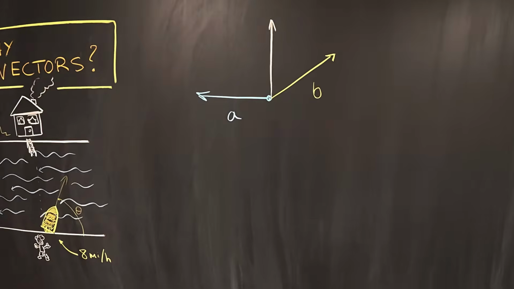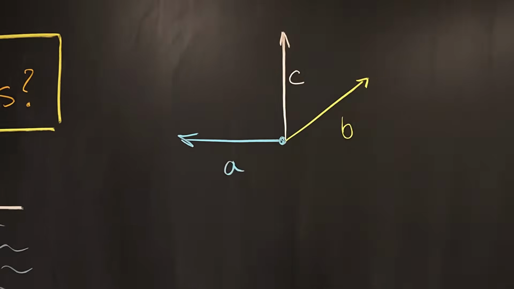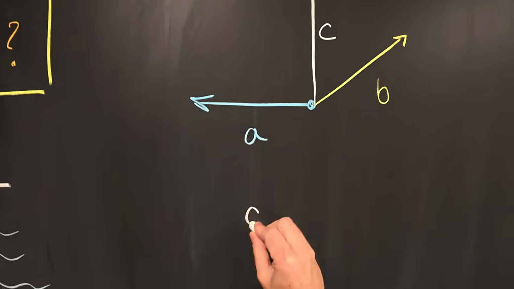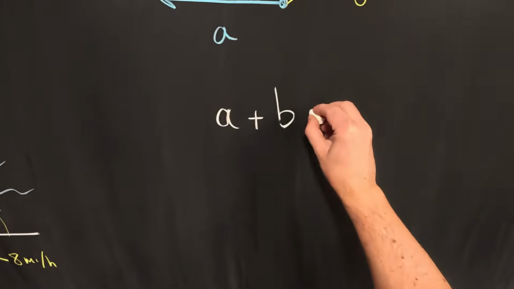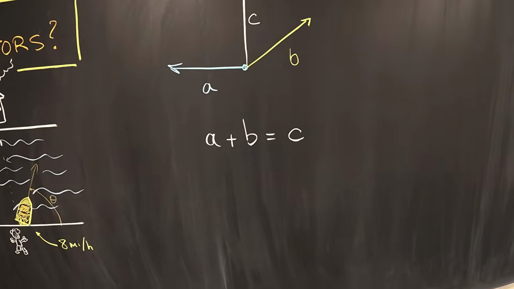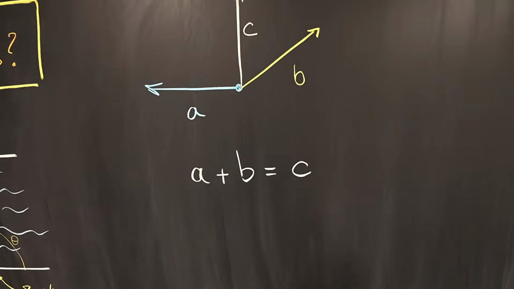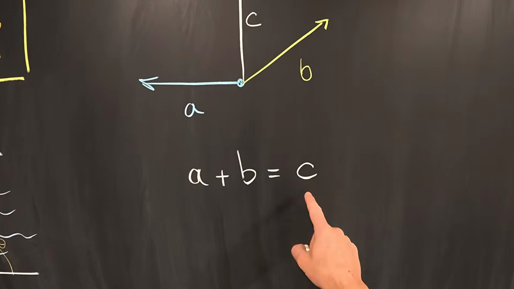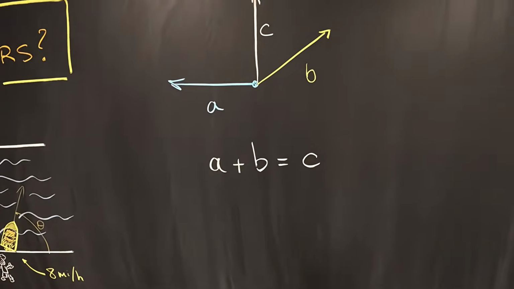Let's call that C. I want my vector A plus B to be exactly equal to C. That is just the sum of the two. And then we want this vector to be vertical.